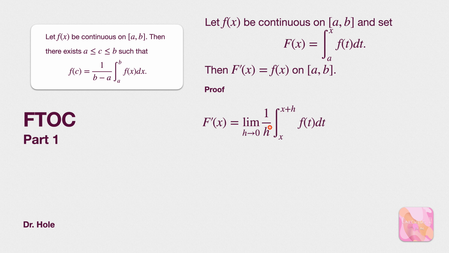That is a distance of h between the two bounds. All right, so we can apply the mean value theorem for integrals to this expression and swap it out for a function output. Looks pretty good. Keep in mind that this value c is occurring somewhere between x and x plus h.